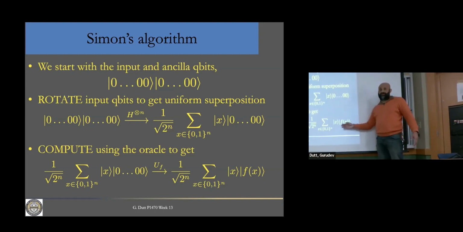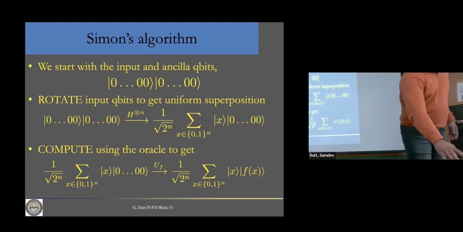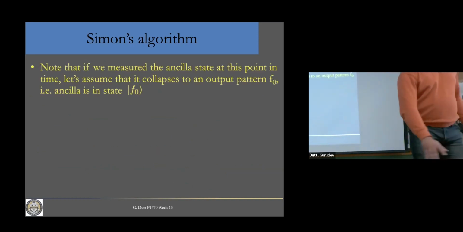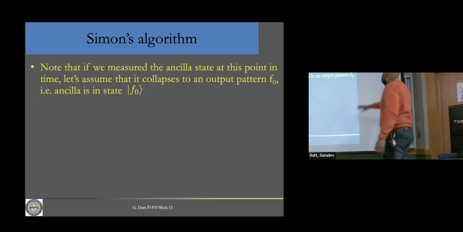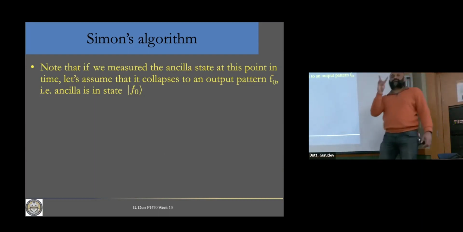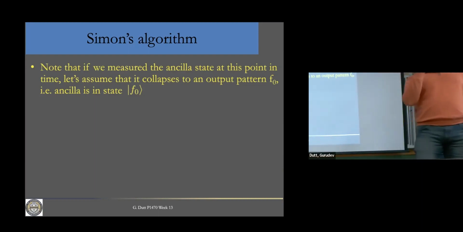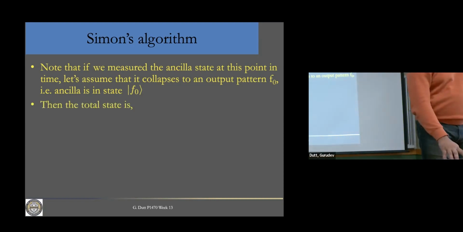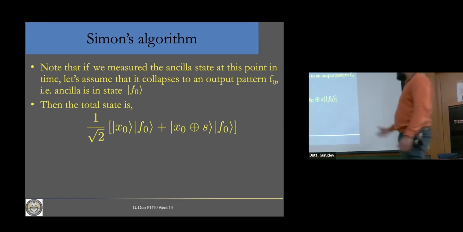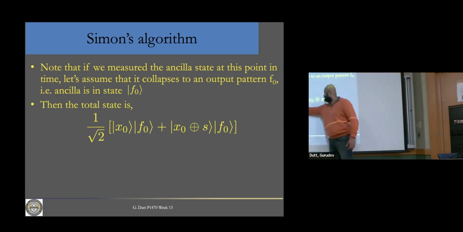So let's call that answer F naught. Then we are guaranteed by the statement of the problem that whatever this F naught is, there are only two possible values of X that can give rise to this ancilla number F naught. One is X naught, so F of X naught is equal to F naught.